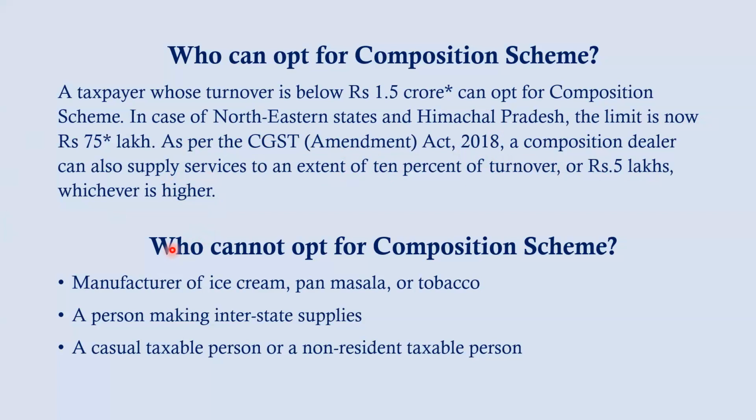Who cannot opt for the composition scheme is a manufacturer of ice cream, pan masala, or tobacco, those who make interstate supplies, your casual taxable person, and your non-resident taxable person.